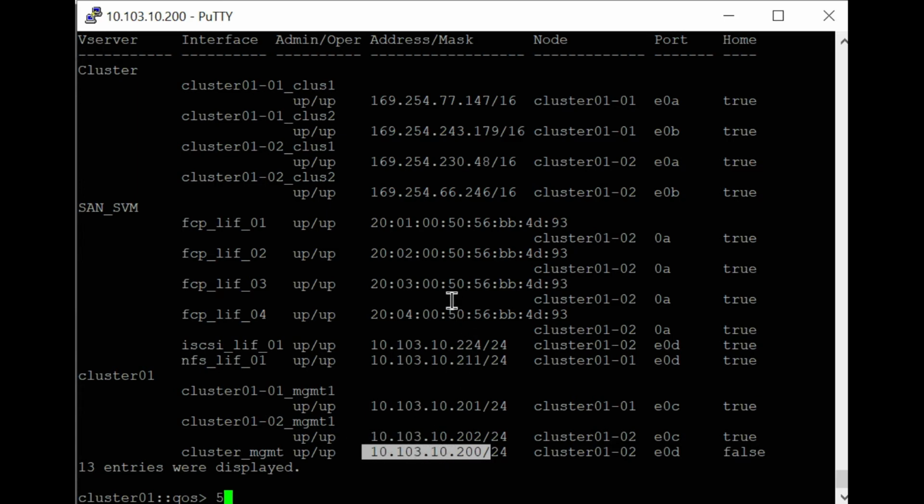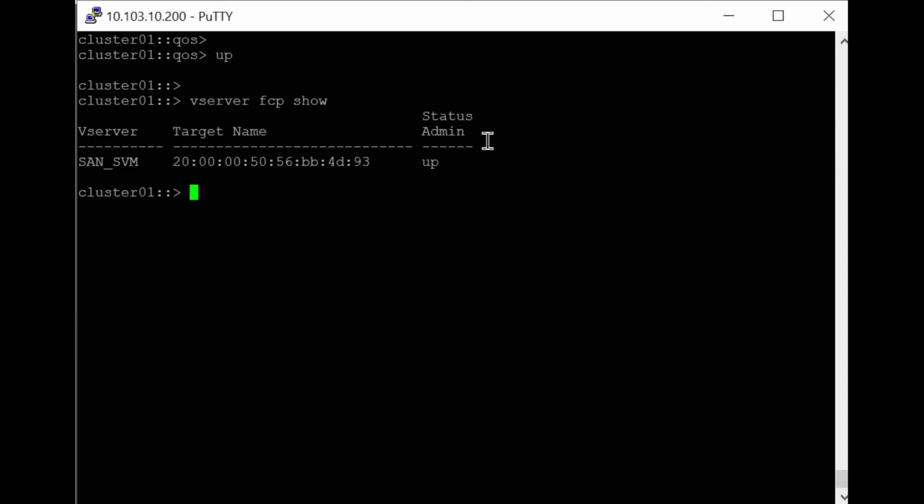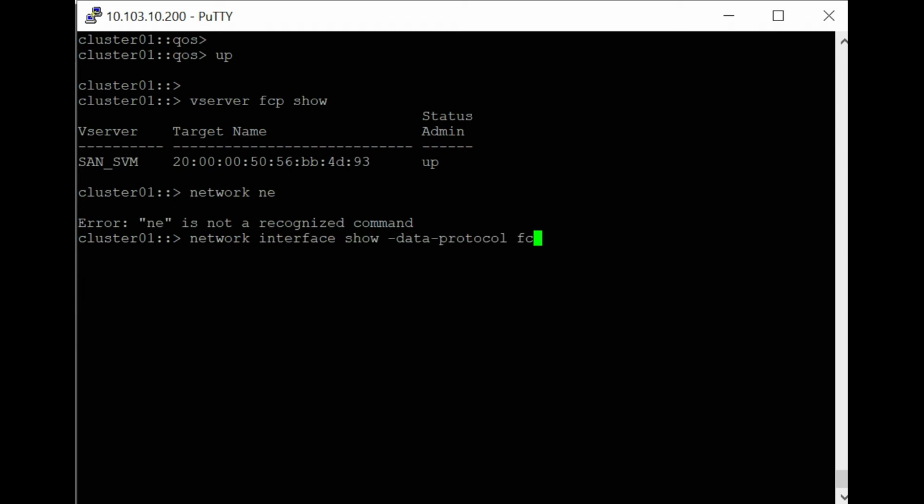Great. What else to see today in this session? Let's also have a look at the Fibre Channel configuration. FCP show. This is the WWN of the SAN storage, and let's compare it with the WWPNs. Let me show you network interface show, data protocol FCP.